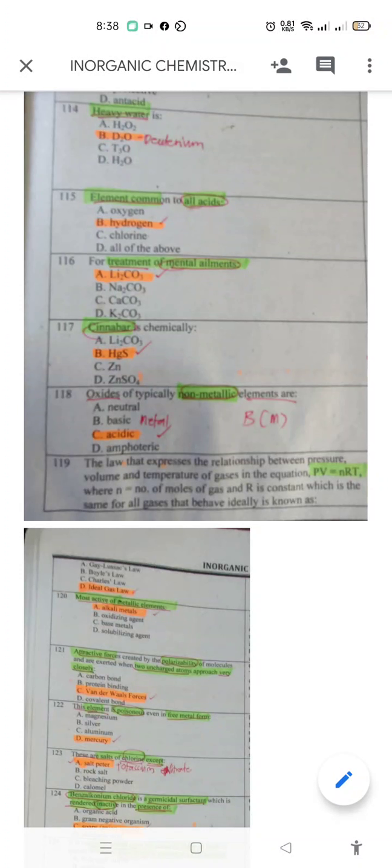Okay, 120. The most active of metallic elements are the alkali metals.